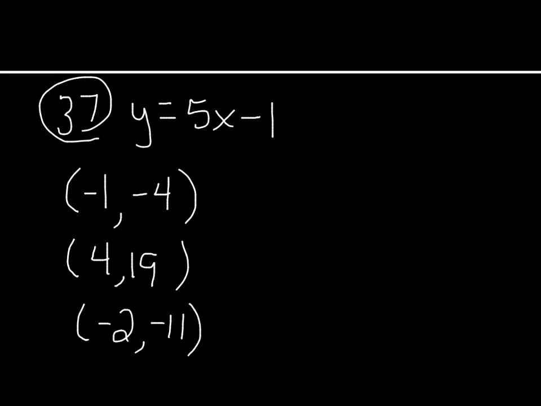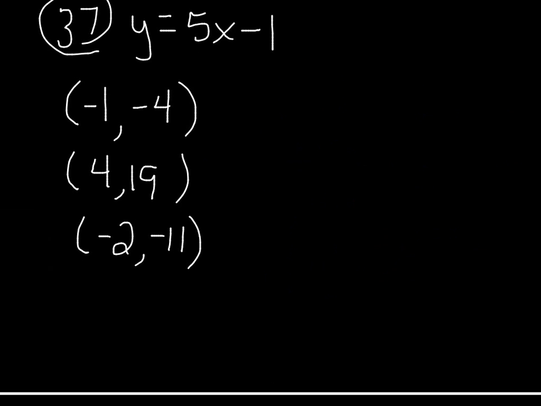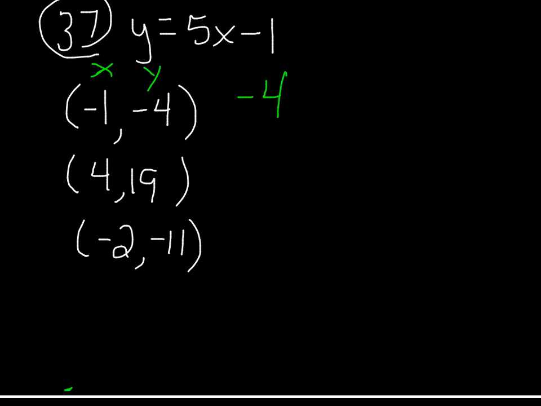Looking at number 37, we're going to do the same thing with this one, doing it algebraically. So this time we're going to be plugging in negative 4. This is our x column, this is our y, so we'll plug in negative 4 for the y. So it goes negative 4 equals 5 times negative 1 minus 1.